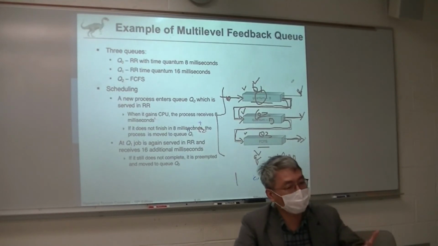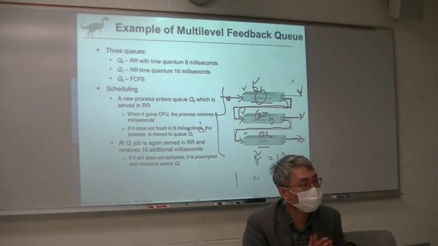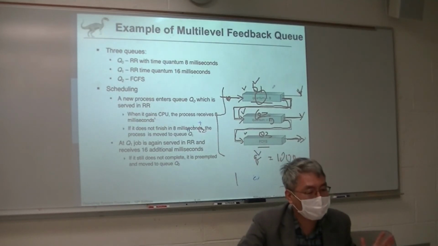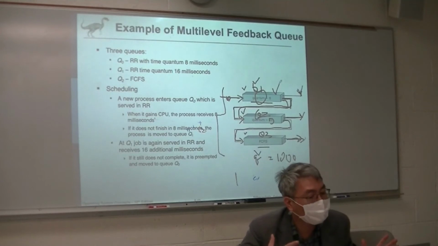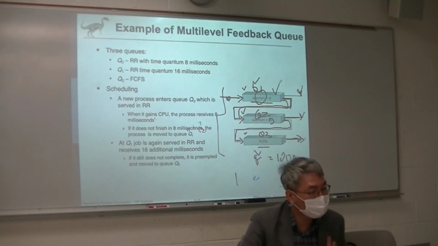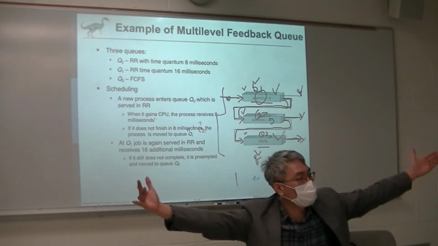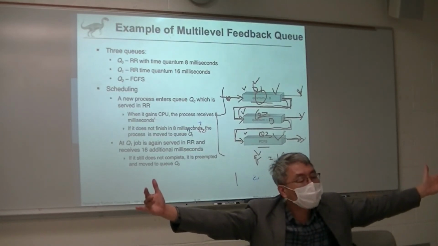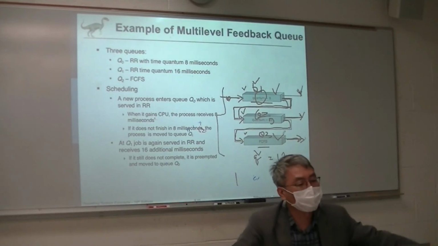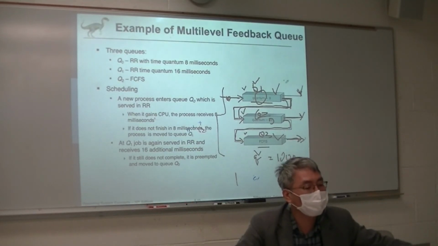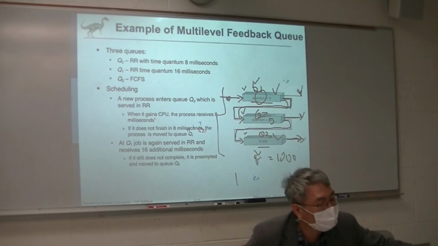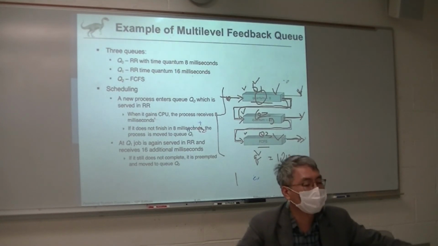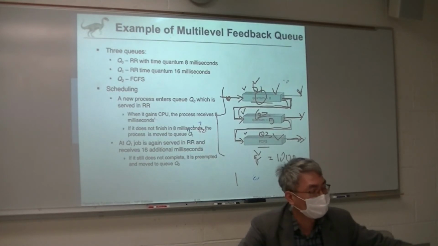Instead, we use round robin, because it provides a fast response time with a short quantum. Also, round robin is like first come, first serve if you increase the quantum size. So when you use the multi-level feedback queue, you can take care of different types of processes. So this is called the multi-level feedback queue.